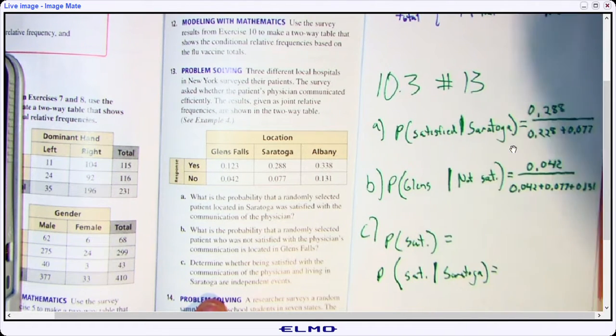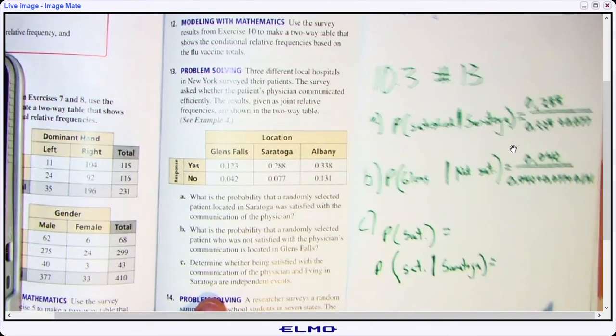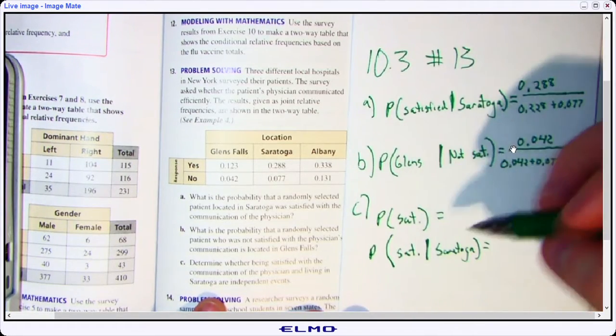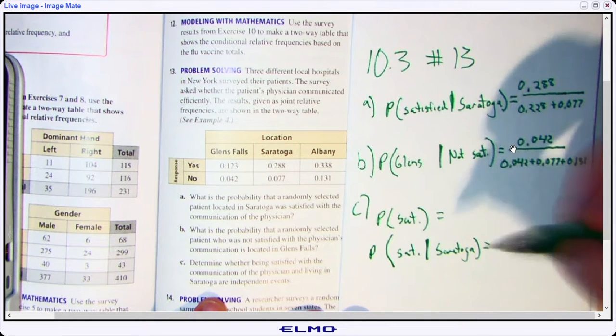If these two values are approximately the same, then they're independent.